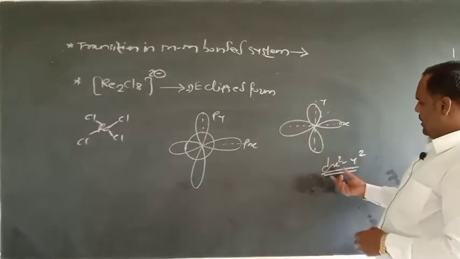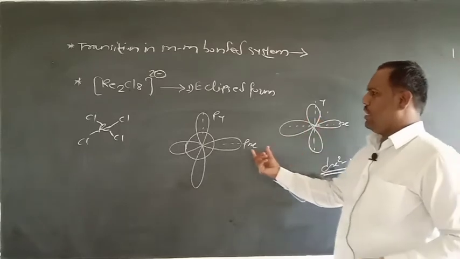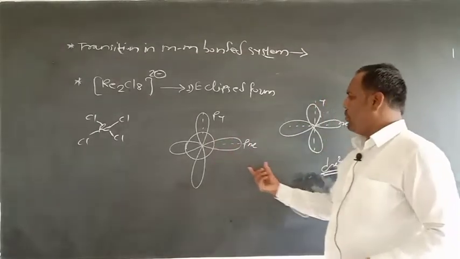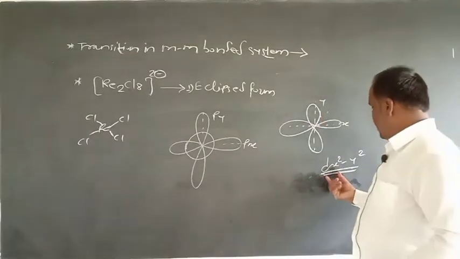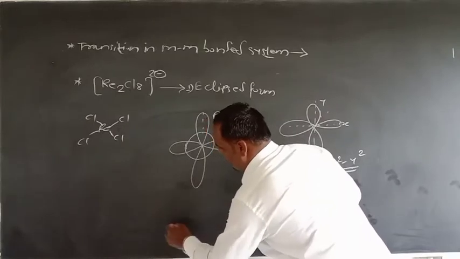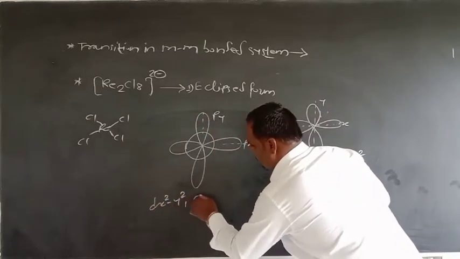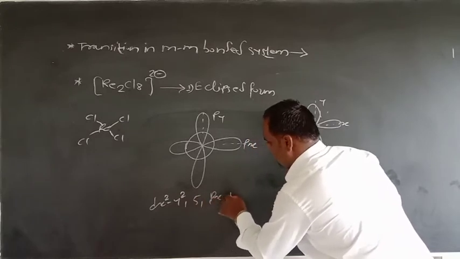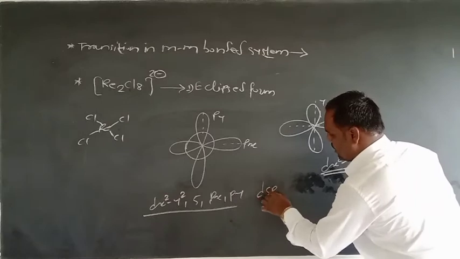This dx square minus y square also has lobes along the axis, and therefore for effective bonding we require the dx square minus y square orbital. So the orbitals involved in bonding are dx square minus y square, the s orbital, px and py, and therefore the hybridization is dsp2.